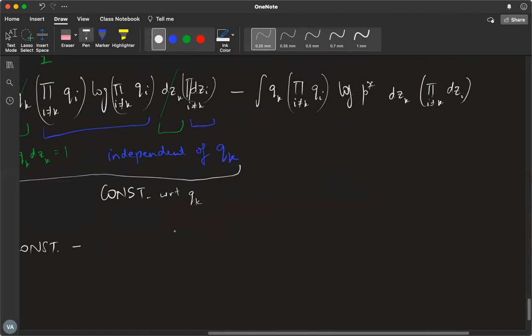Minus, now we are writing this term again. So this term can be written as the integration of qk times the integration of the product over i not equal to k of qi, times p star. So basically p star has got all the z's, times log p star, dzi where i is not equal to k.